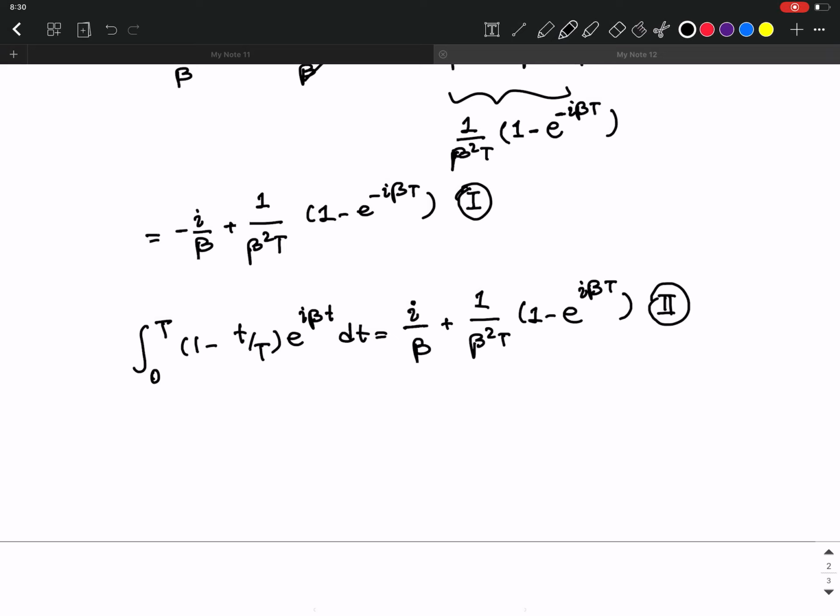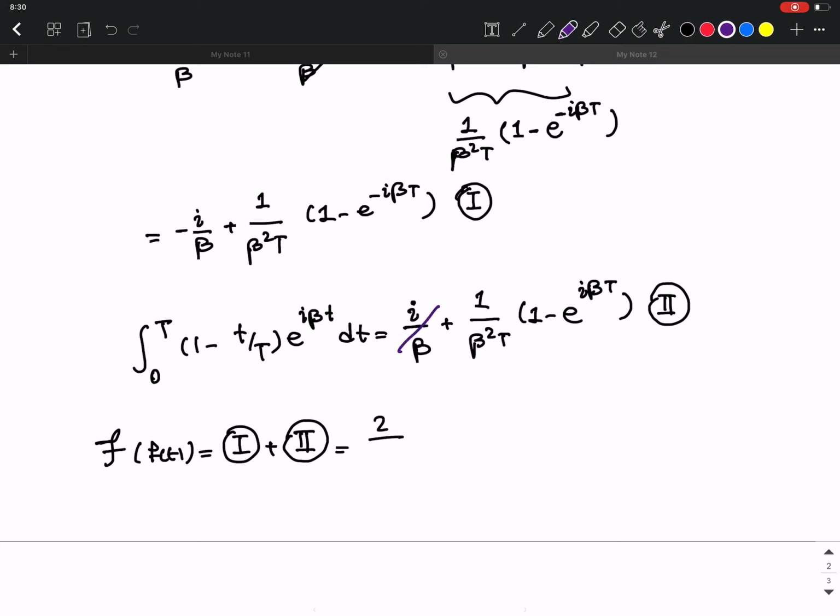So the whole thing is going to be the Fourier transform. Let me write it down like this. So the Fourier transform of f(t) is going to be 1 plus 2, which is going to be 2 over, so these two terms are going to cancel out, right?